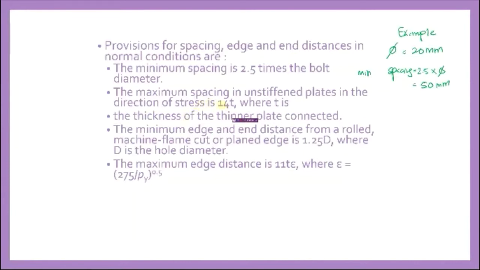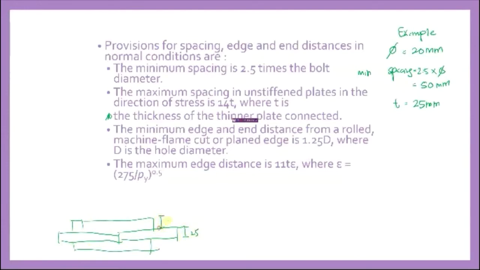The maximum spacing in unstiffened plates in the direction of stress is 14T, where T is the thickness of the thinner plate connected. For example, the thickness of plate T is 25 mm. Say it is a double shear: one plate is 25, the other is 30.